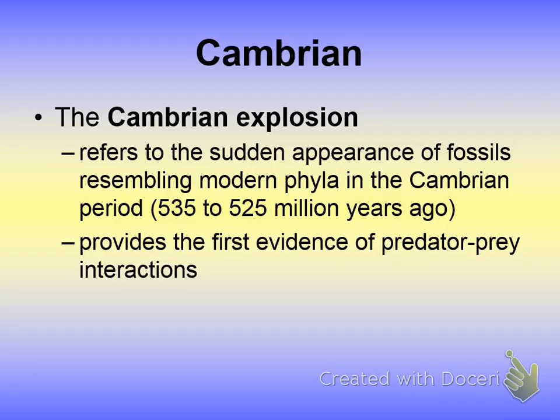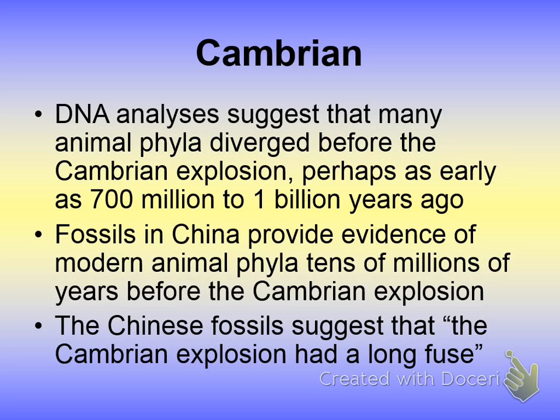Predator-prey interactions start taking place at this point, where we have animals that are eating each other. The DNA says that from somewhere about 700 million to 1 billion years ago is really where animals started to get more diversified. They diverge from each other.